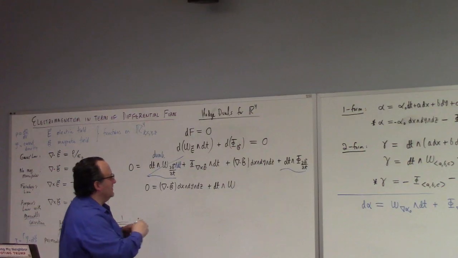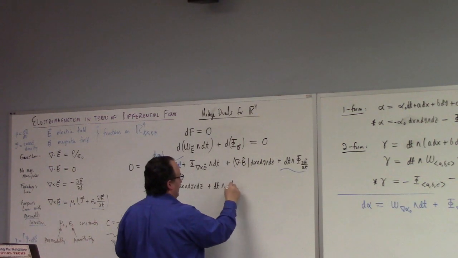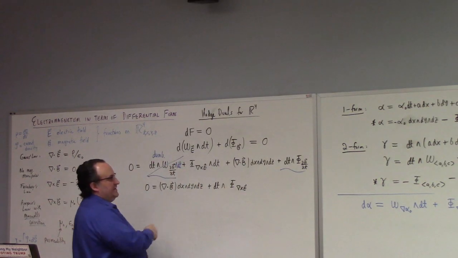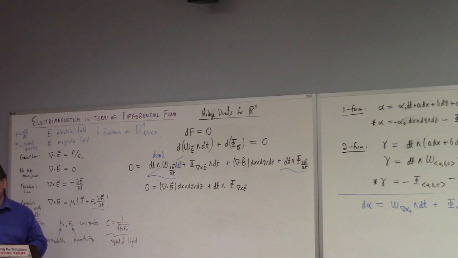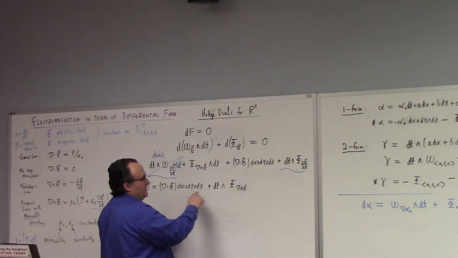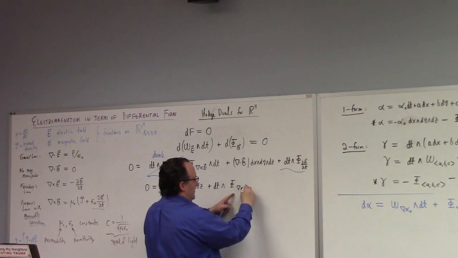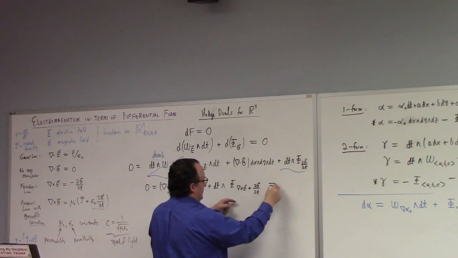So dt wedge the flux form of the curl of E. Why didn't it cost me a sign to move it to the other side? Phi is a 2 form. It commutes with dt. So I move the dt over here. And then I'm using the fact that it's an isomorphism, so I can bring that plus partial B partial t, like so. This is all equal to 0.